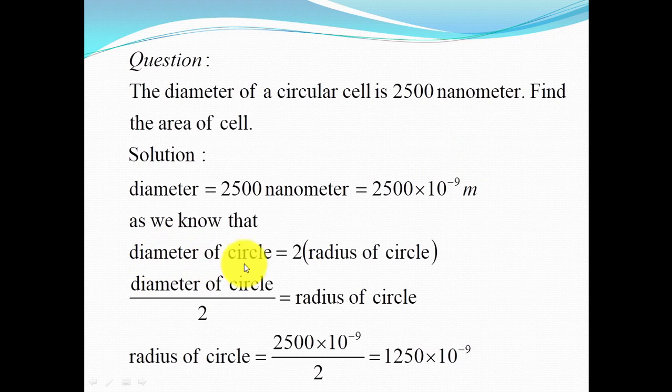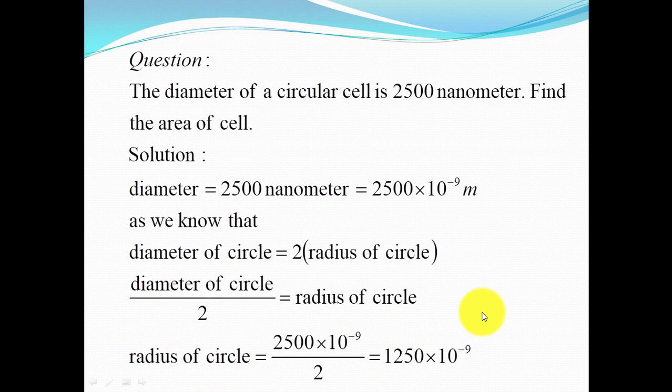As we know, the diameter of a circle is equal to 2 times the radius, so dividing both sides by 2, we get the radius as the diameter over 2. Now putting the value of the diameter, we get 25 over 2 multiplied by 10 raised to power minus 9. Here we get the radius of the circle.